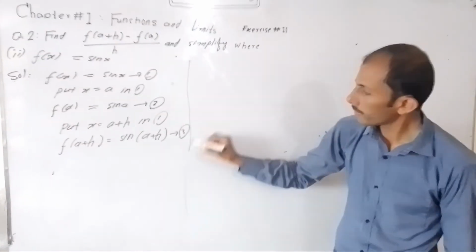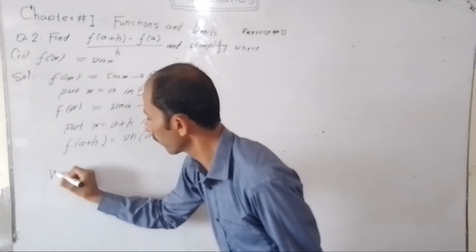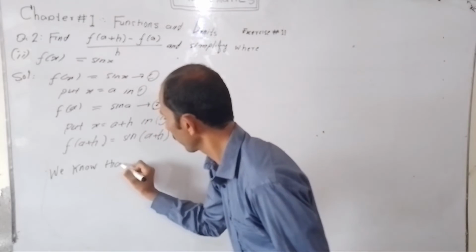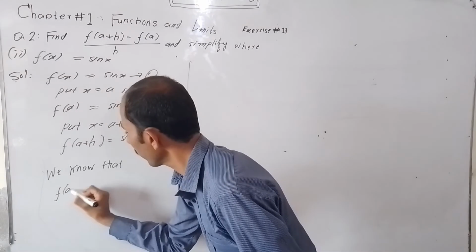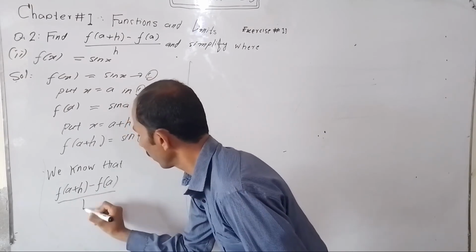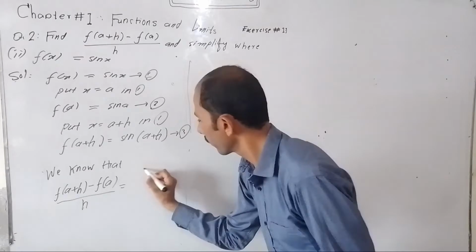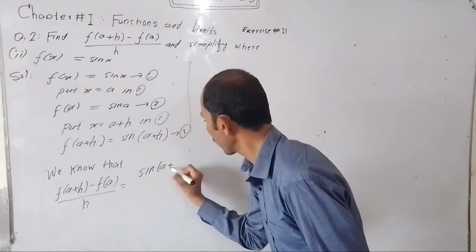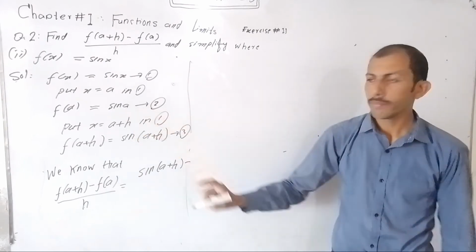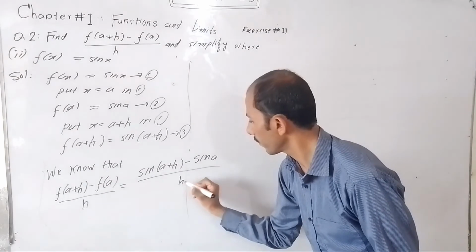Next, we know that f of a plus h minus f of a divided by h is equal to sin of a plus h minus sin a, divided by h.